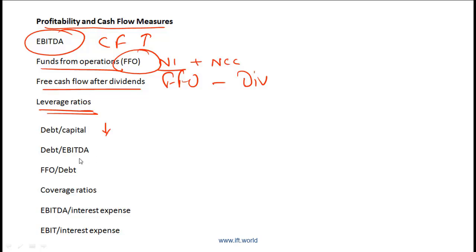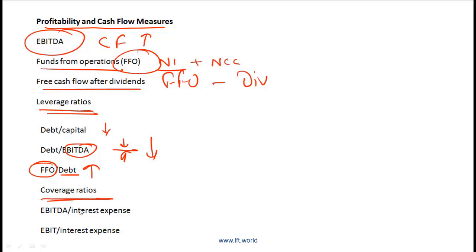Debt to EBITDA, we want debt to be relatively low and the EBITDA to be relatively high. So overall, we want this ratio also to be low. FFO, funds from operations to debt, we want funds from operations to be relatively high and debt to be low. So this ratio ideally should be higher.